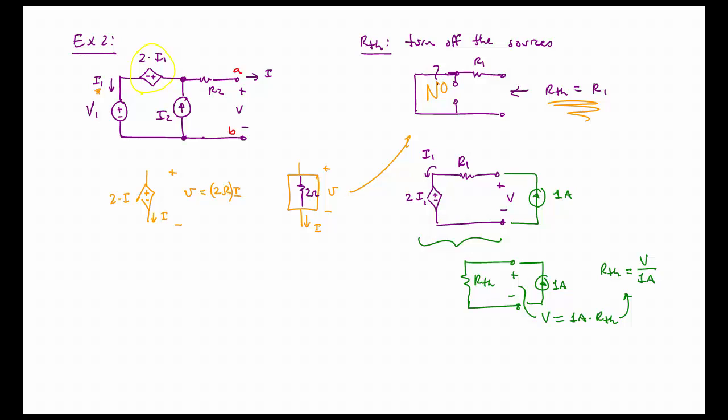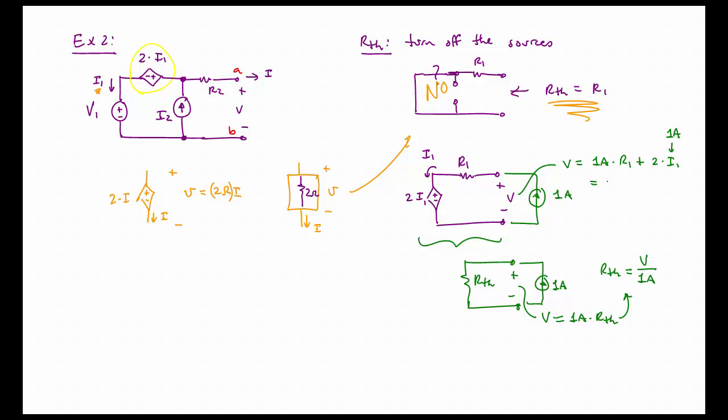Okay? So what will be the voltage in this case? V will be equal to 1 amp times R1 plus 2 times I1, which I1 is just the 1 amp.